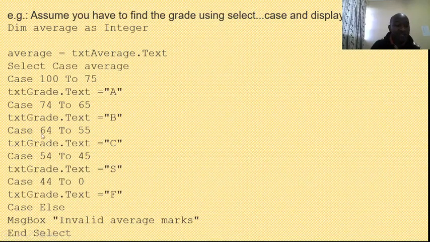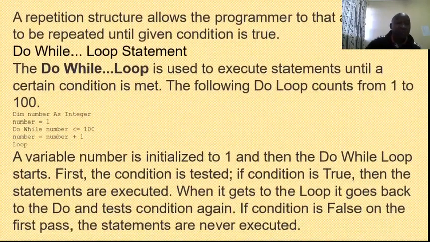Then you have case this to this grade, case this to this grade, and we end with end select. But remember to have case else. This one is very important. Case else, then we have our statement there. I'll be doing the practical session on that.